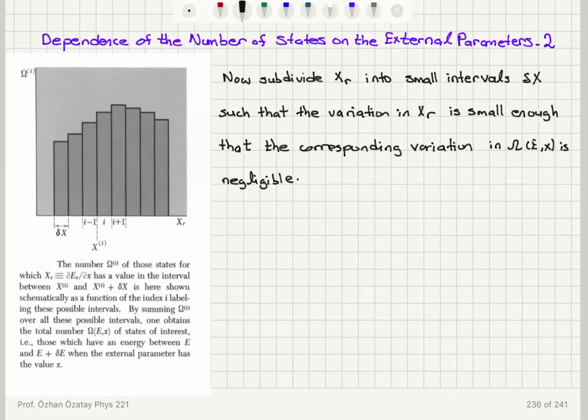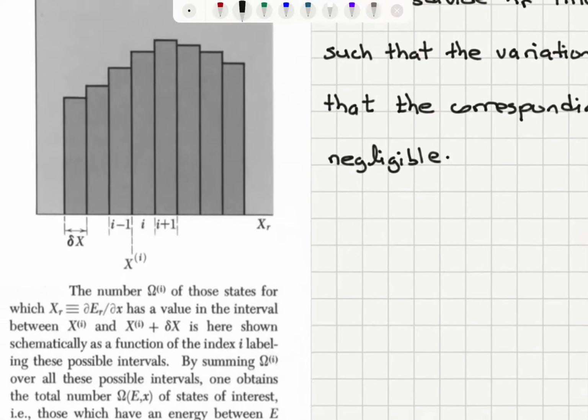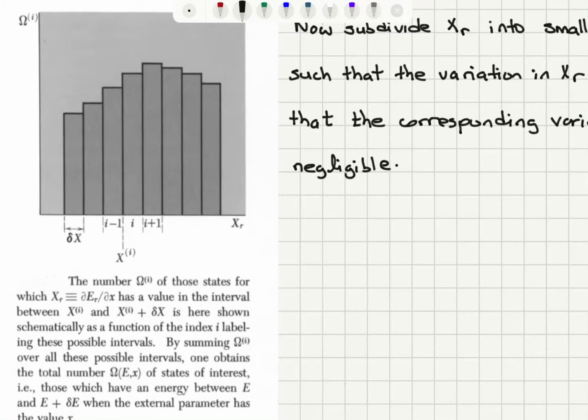So you can see how I'm subdividing x sub r into delta x intervals, and you can see that for the value of x sub r, xi, the ith value, the range will then be xi to xi plus delta x. In this range I have a constant number of accessible states omega i.